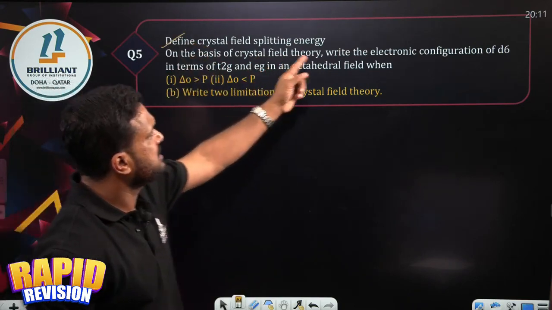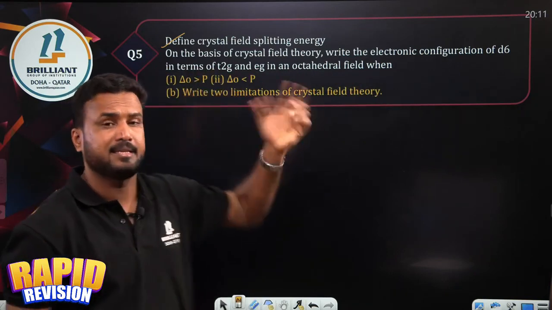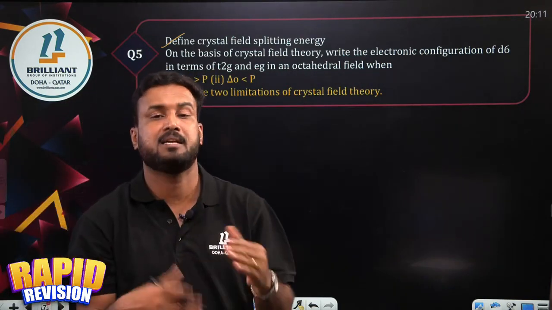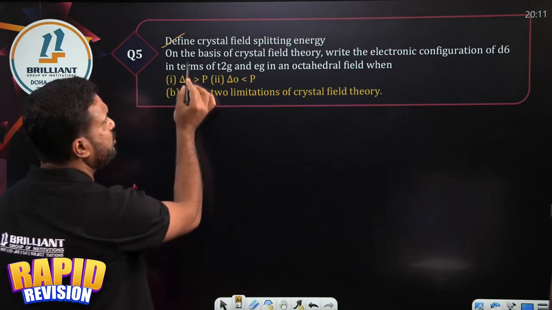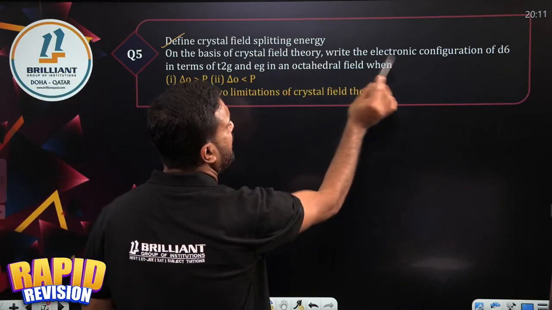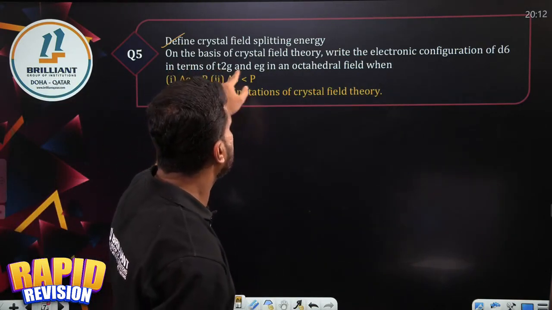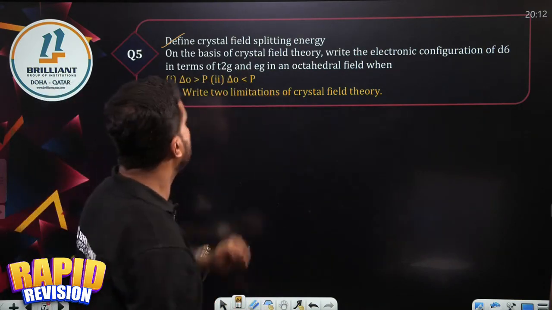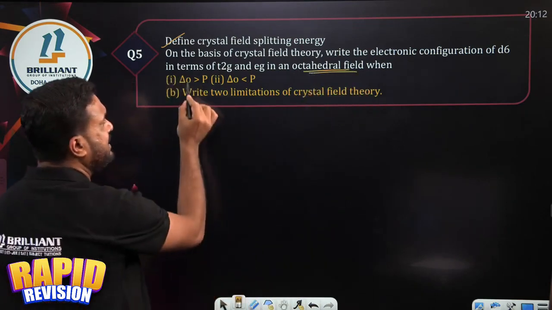On the basis of crystal field theory, write the electronic configuration of d6. It's another type, because previously they gave the complex and asked us to write t2g and eg. Here they are giving two conditions. On the basis of CFT, write the electronic configuration of d6 in terms of t2g and eg, in octahedral complexes.